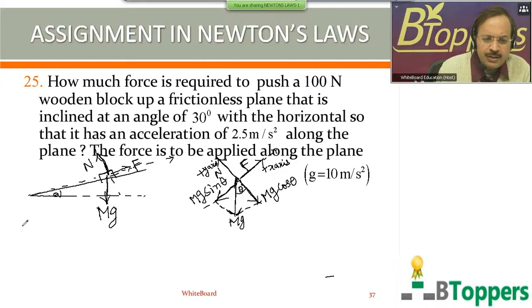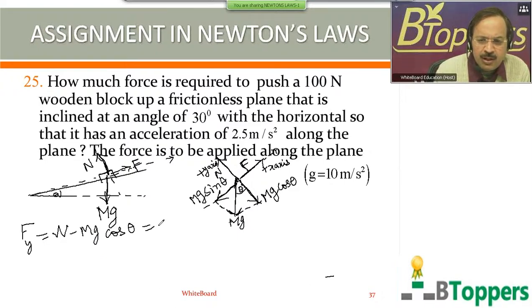So y component of resultant force on the block is denoted by Fy. That can be written as minus mg cos theta. But the block has no acceleration parallel to y-axis. The block has no motion parallel to the y direction. So y component of resultant force on the block must be 0. If Fy is 0, resultant force on the block will be equal to Fx.